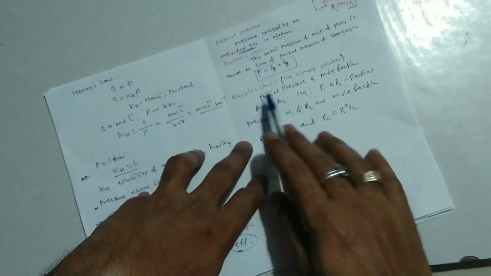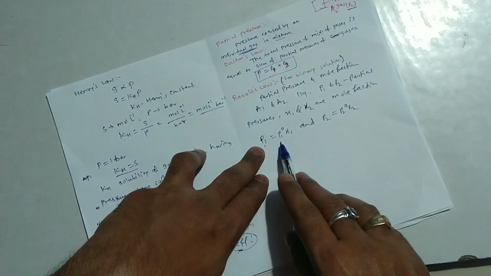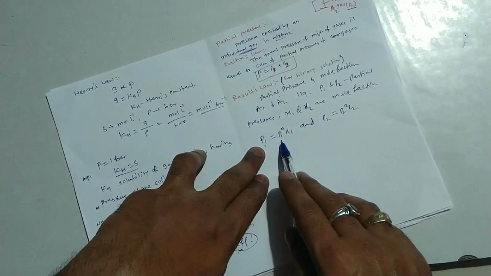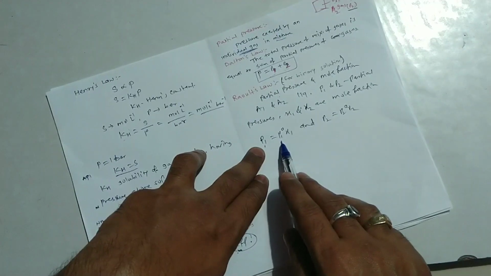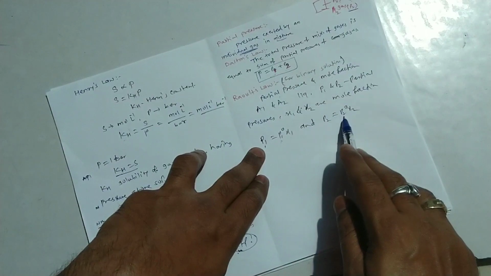So according to Raoult's law, the partial pressure of a component in a solution is the product of the vapor pressure of the liquid in its pure state and its mole fraction. Here P2 is equal to P2⁰x2.